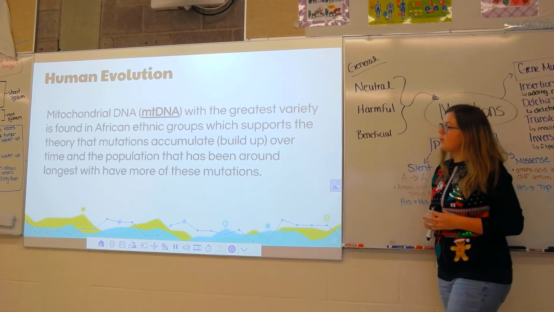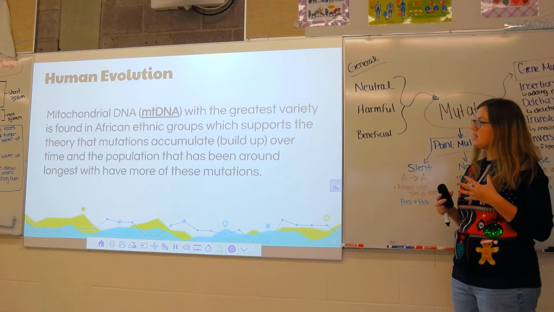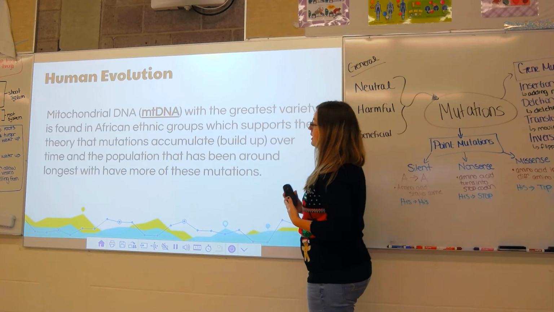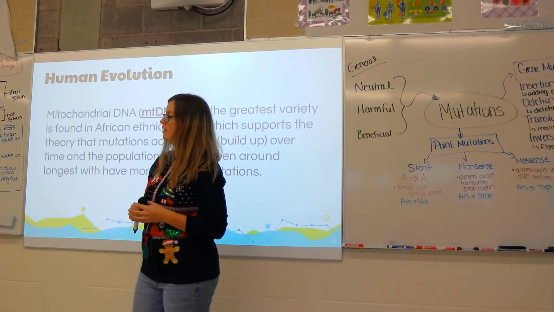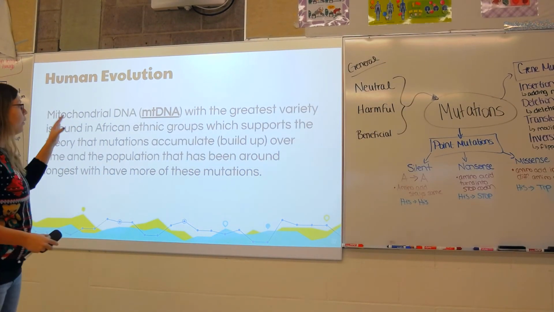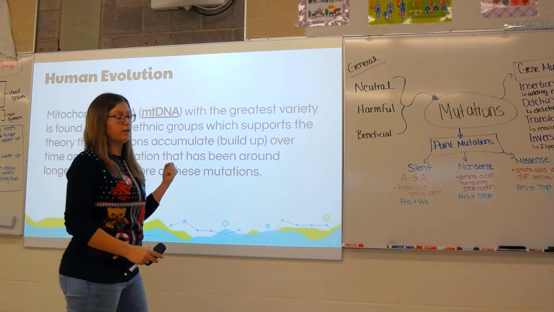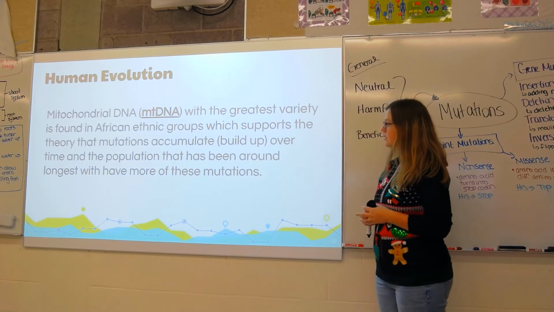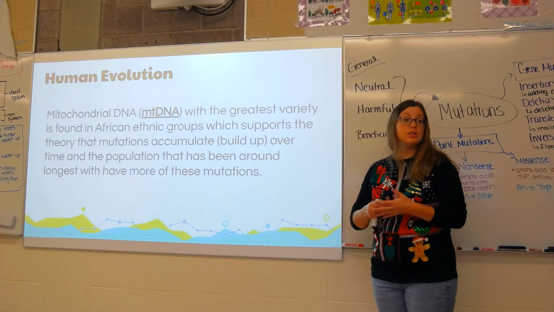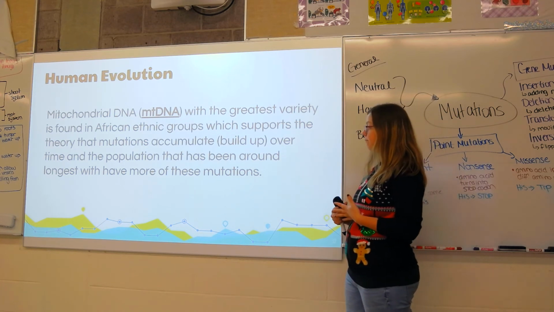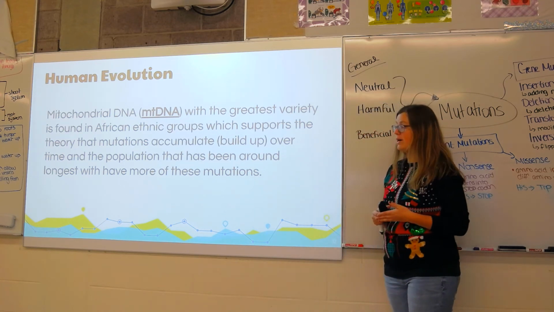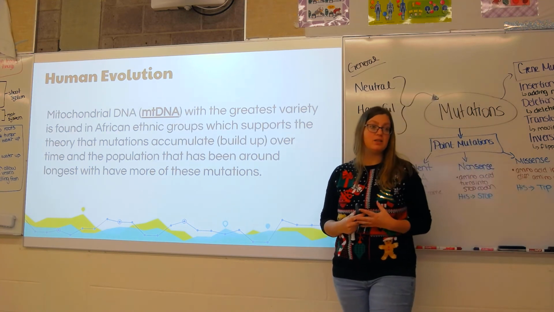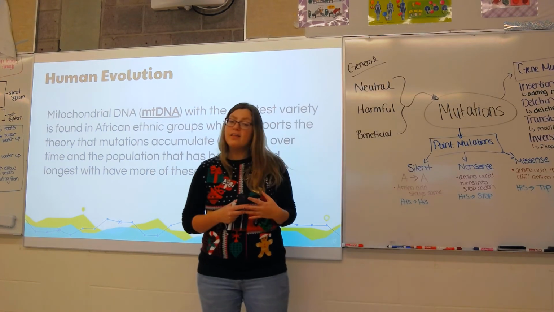And so when we look at mitochondrial DNA, the DNA that has the most variety or the most differences comes from people currently living in Africa or who have very close ties to African ethnic groups. Okay, so this theory supports the fact that mutations are going to build up over time, and the population that has been around the longest will have the most variation or the most differences or the most mutations in their DNA.